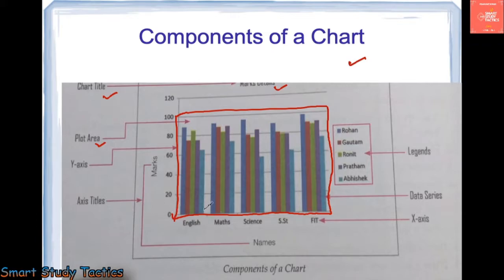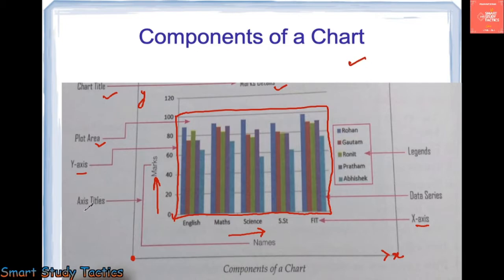Okay, now x-axis and y-axis, I think you all understand from math. This axis is known as the x-axis, and this axis is known as the y-axis. Whatever data is coming in this way is x-axis, and whatever data is coming in this way is y-axis. So both things are clear to you.